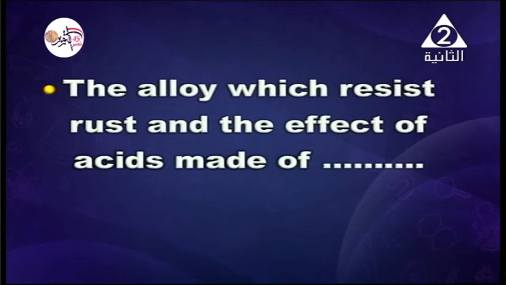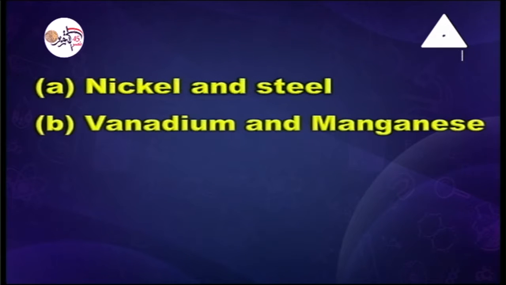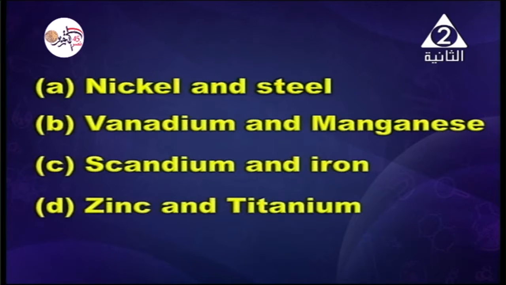Next point, the alloy which resists rust and the effect of acids is made of what? Nickel and steel, vanadium and manganese, scandium and iron, zinc and titanium. Yes, it will be nickel and steel.